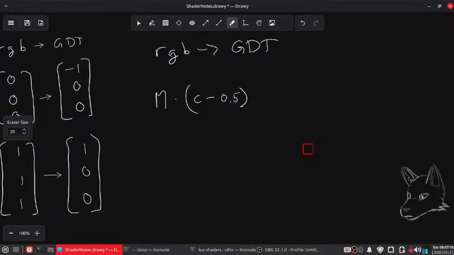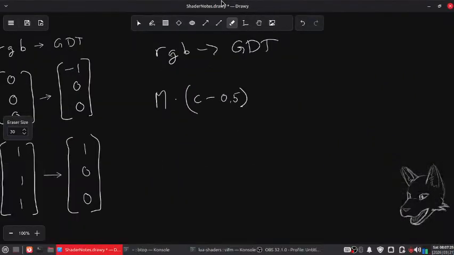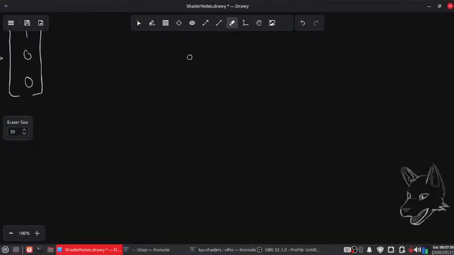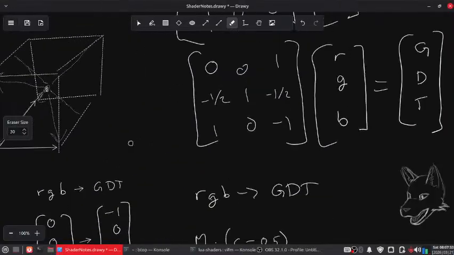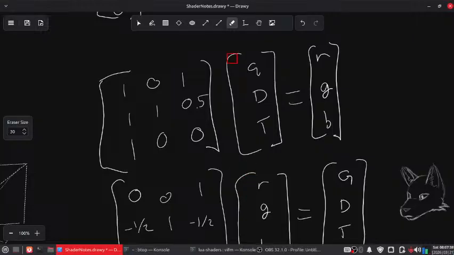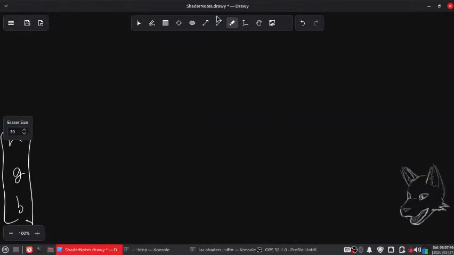I think technically speaking the transformation matrix for a 3-dimensional vector is a 4x4, a 4-dimensional thing. But it doesn't matter, right? So we have that, which means that to go from GDT to RGB, we write these out, right?